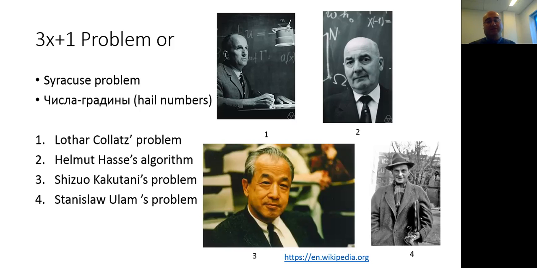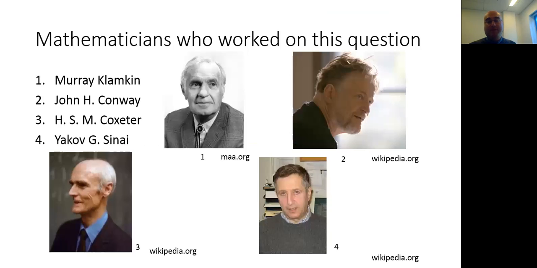He popularized it in conferences among his colleagues. Helmut Hasse also popularized this problem. Shizuo Kakutani and Stanislaw Ulam are also popularizers of this problem, so it is sometimes called Kakutani's problem or Ulam's problem.